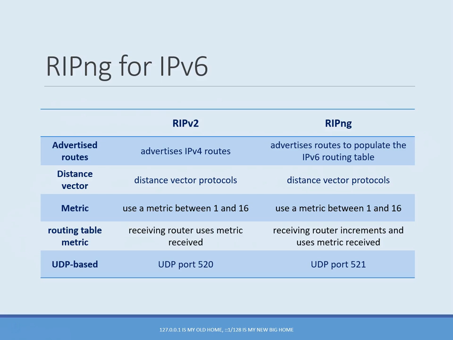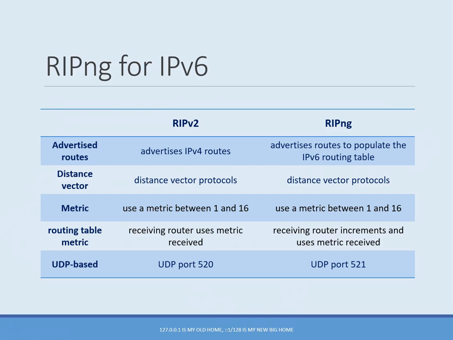But in a Cisco implementation of RIPng, the same metric is sent, but it is incremented by the router receiving the update. So in RIPng, the receiving router will increment the metric and save it in its routing table. This is a big difference between RIPv2 and RIPng.